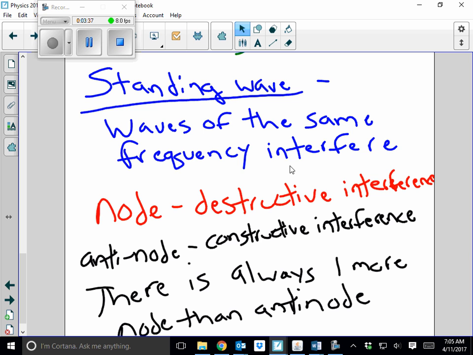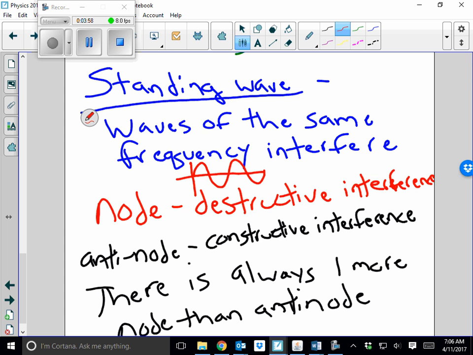The points on that wave where the wave is not moving are called nodes, and that's destructive interference. So for example, if I draw a waveform right here, a mini waveform, and we're going to pretend this is a standing wave. Actually, I'll draw another wave.